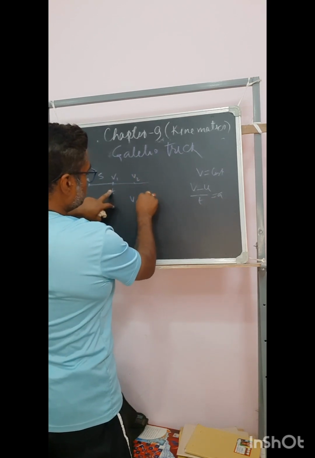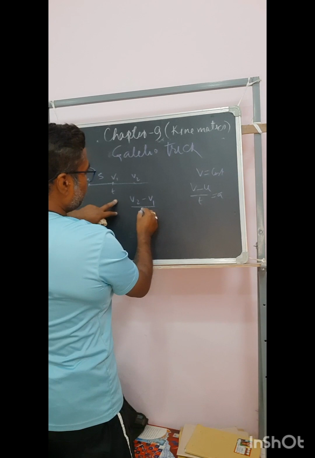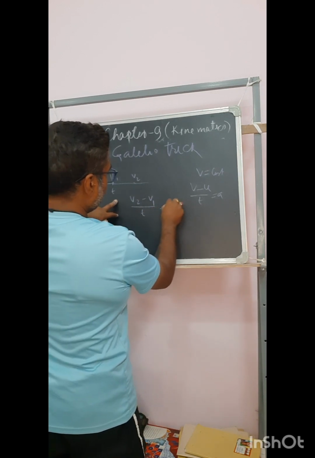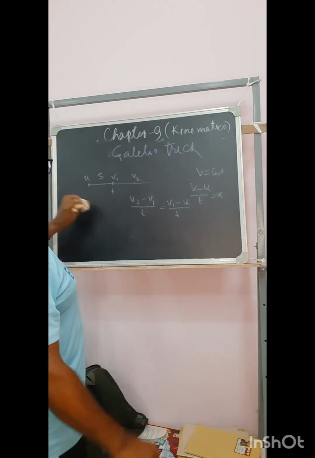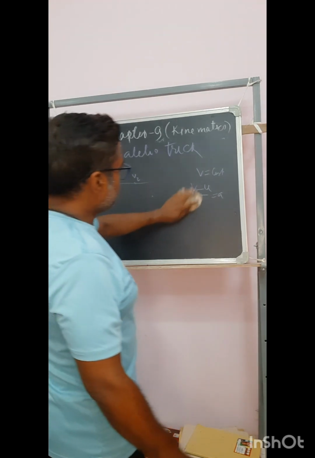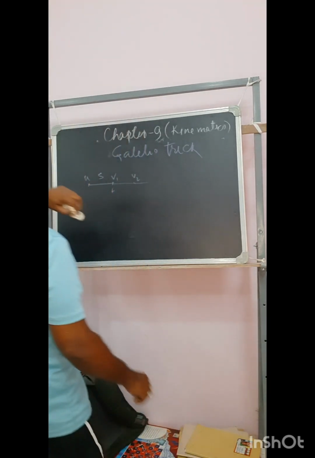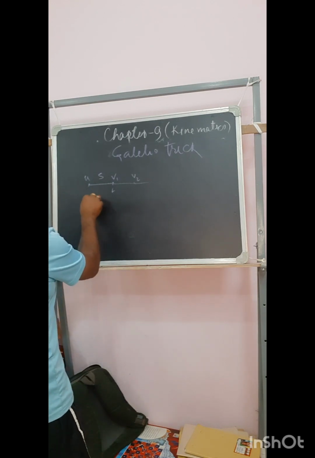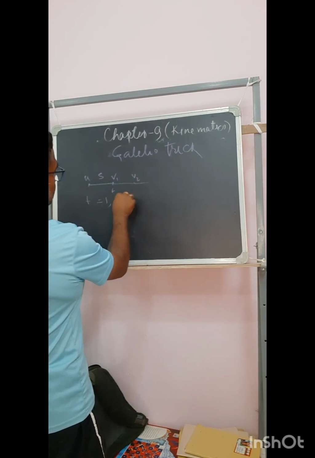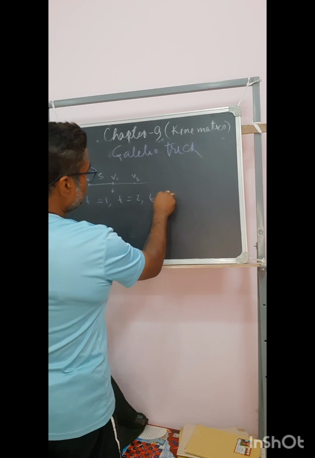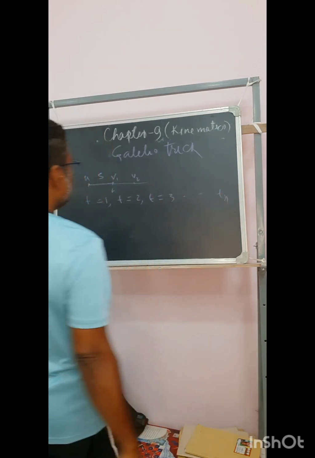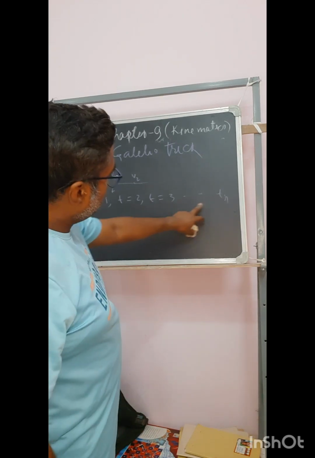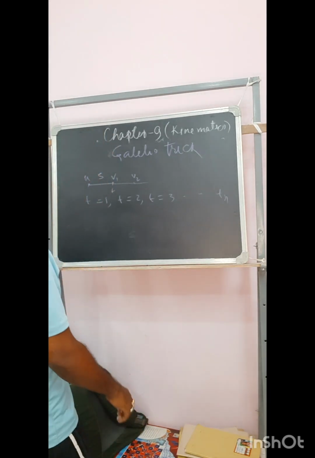So v2 minus v1 by t is equal to v1 minus u by t. This will go the same way. So if it is the case, then for t equal to 1, t equal to 2, t equal to 3, like that, what would be the relation among the distance it has traversed?